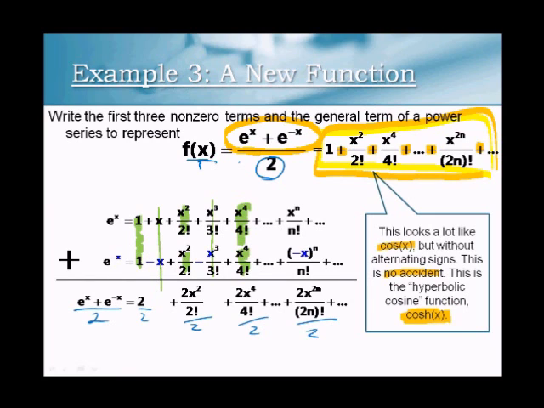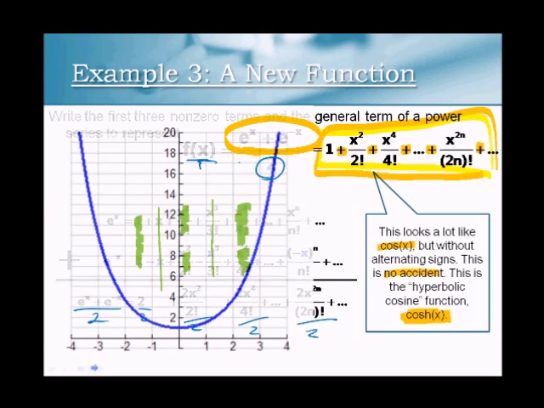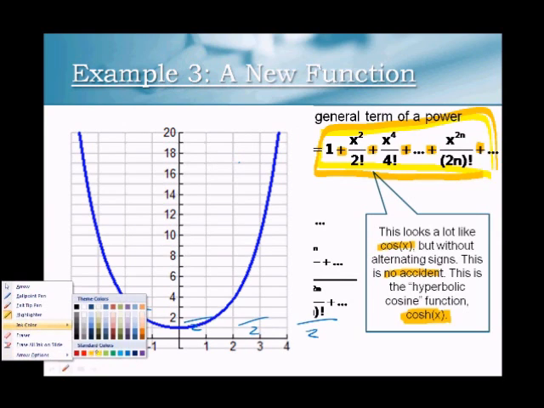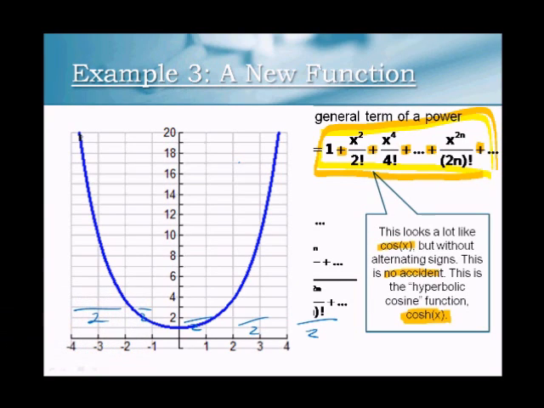I'm not going to go into those details, but I will show you a graph of the hyperbolic cosine. What you might notice from this graph is that it looks parabolic in a way. It's not parabolic, but it has a lot in common with a parabola in terms of its first-glance appearance.